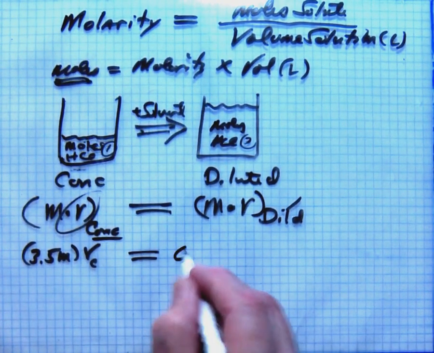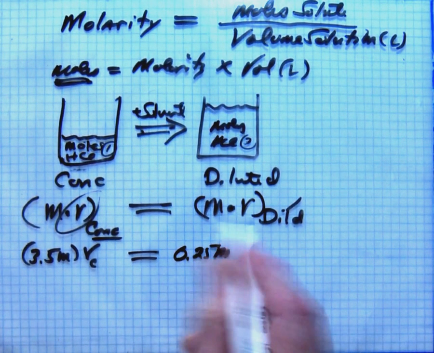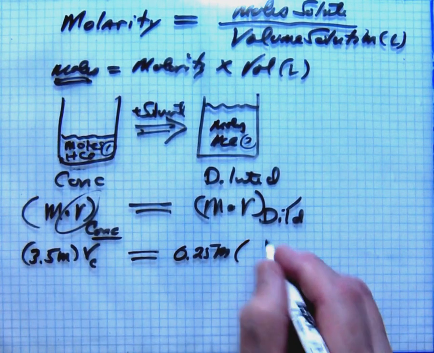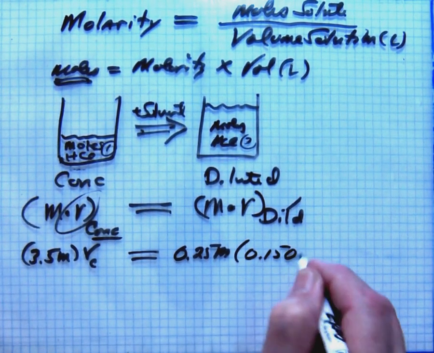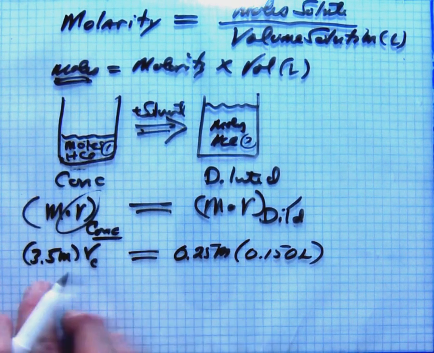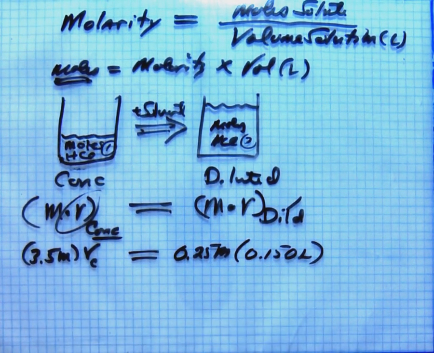I'll go ahead and use liters for this one: 0.150 liters. Now you'll learn that since both sides are the same, I could have left this in milliliters. We'll keep it in liters, keep confusing everybody.